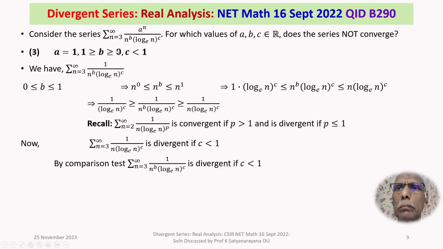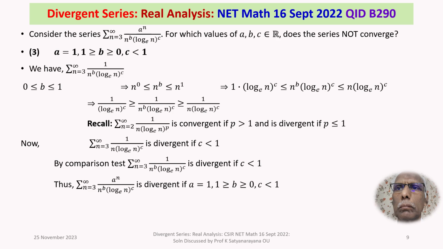And for these values of b, we have already taken 0 less than or equal to b less than or equal to 1. So that means the series sum from n equals 3 to infinity of a^n / (n^b (log n to the base e)^c) is divergent if a equals 1, 1 greater than or equal to b greater than or equal to 0, c less than 1. So this is not convergent.